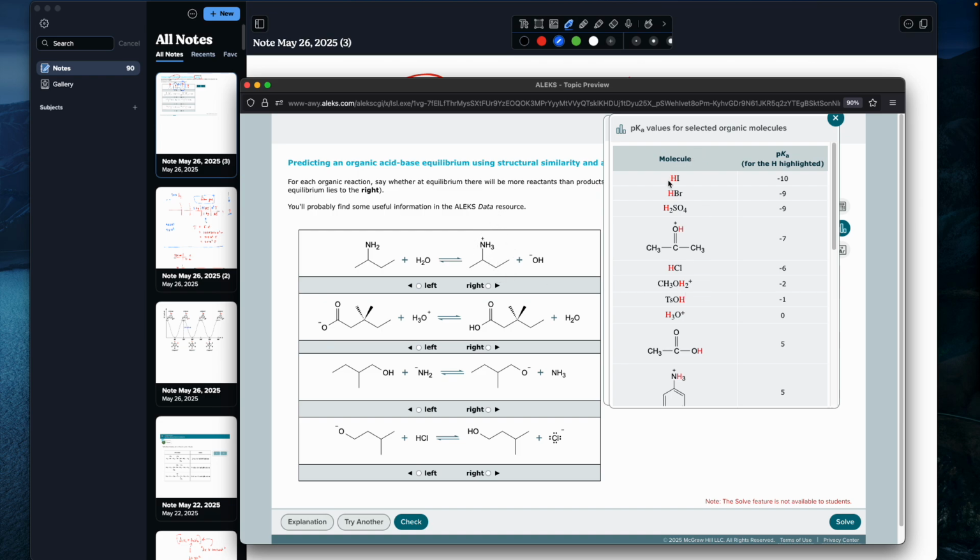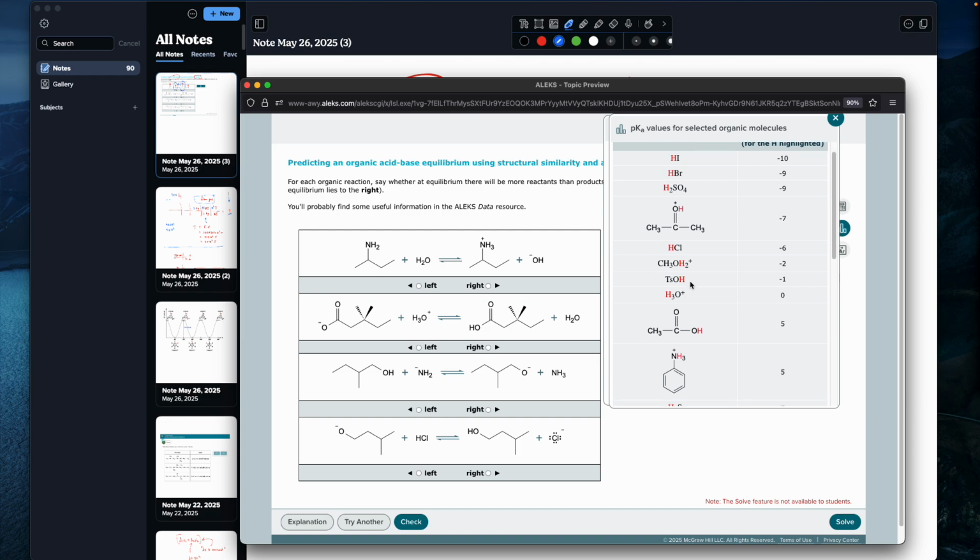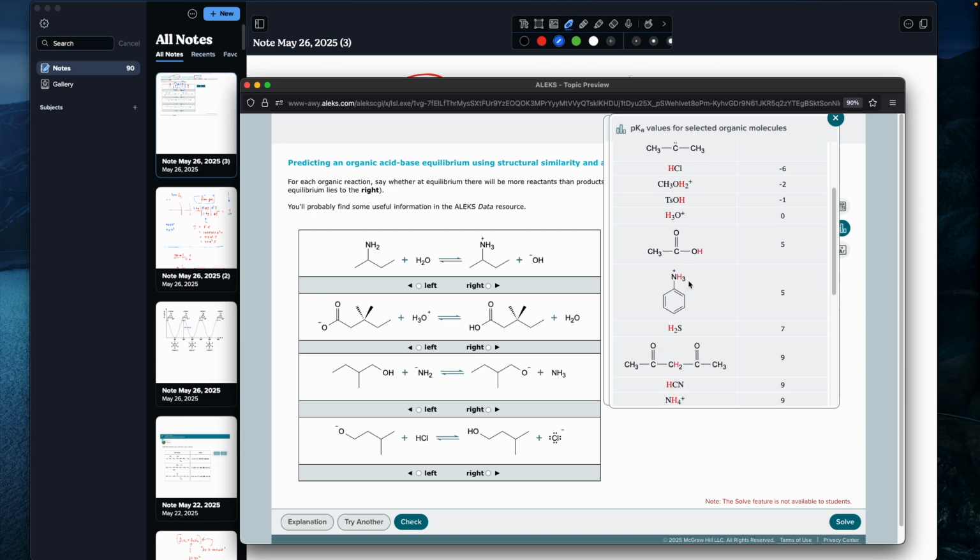Okay, so hydroiodic acid, there's hydronium. Oh, there's an ammonium. All right, it's 5. And here's ammonium with, this is an anilinium, this is aniline. This is ammonium, right, the conjugate acid of ammonia, and it's 9.5.